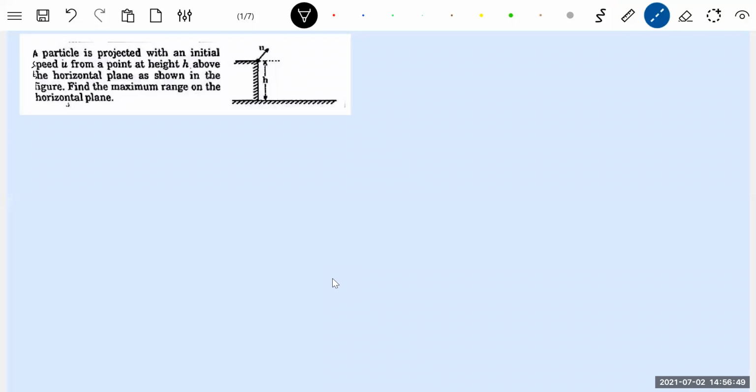I think we didn't discuss this range parameter. Now I am introducing it.